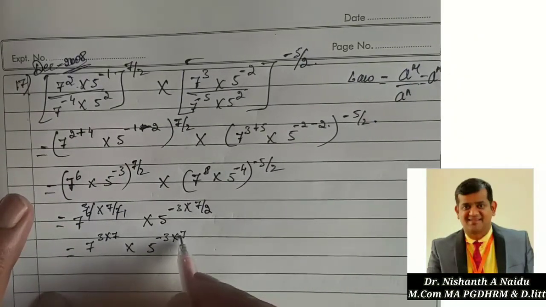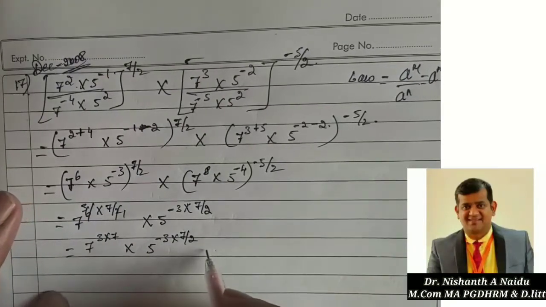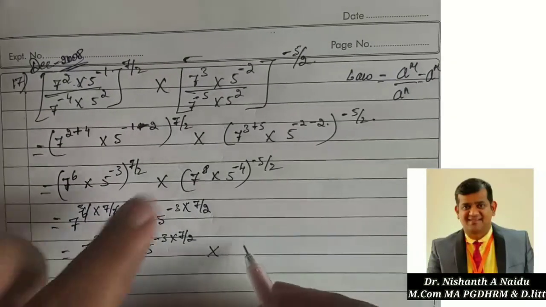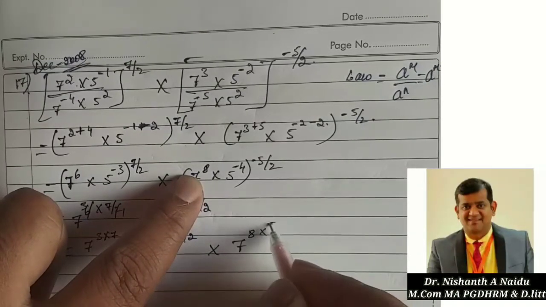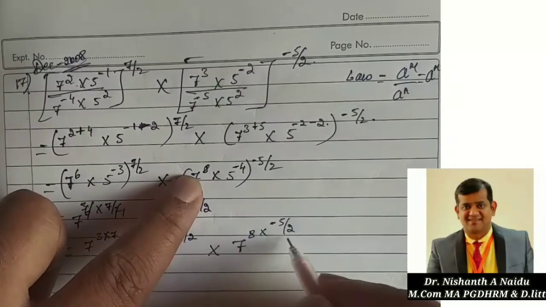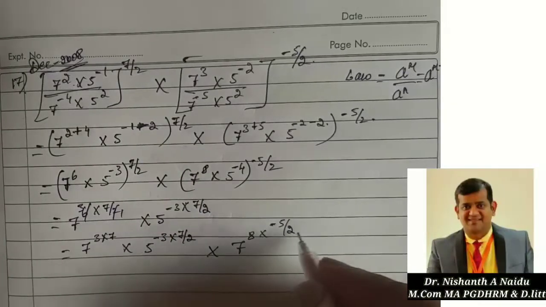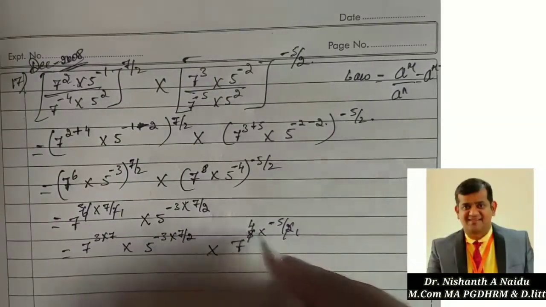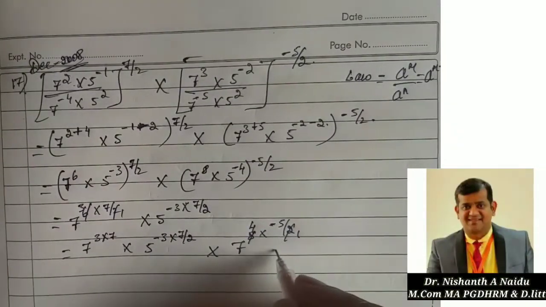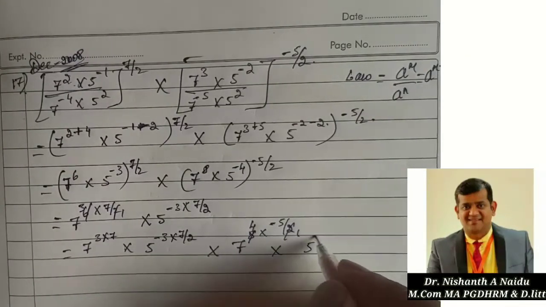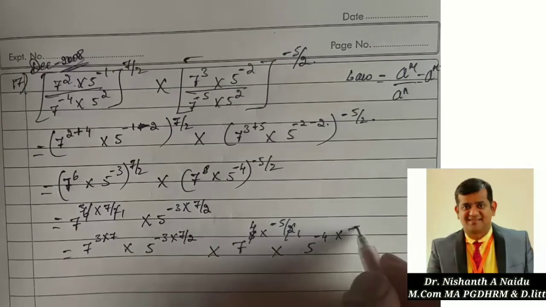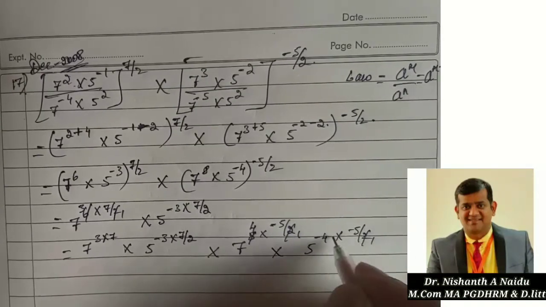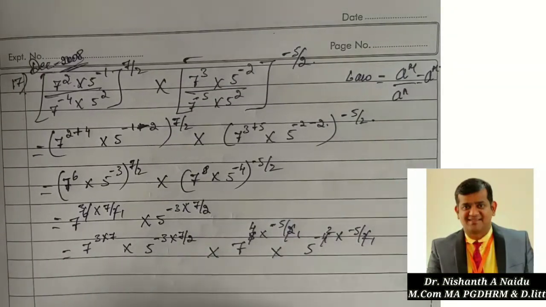Again 7 to the power of 8 into minus 5 divided by 2: 2 ones are 2, 4 fives are 20. Then into 5 to the power of minus 4 into minus 5 divided by 2: 2 ones are 2, 2 twos are.